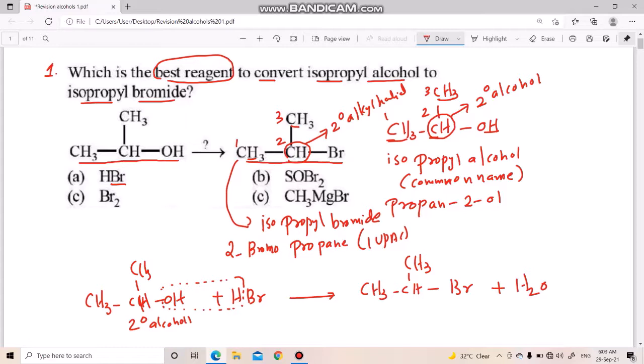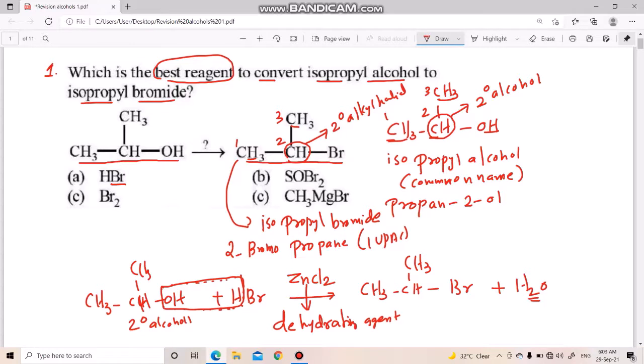But for this reaction, one more reagent is required, zinc chloride. If the alcohol is secondary or primary, for getting alkyl halide one more reagent is required, zinc chloride. Zinc chloride acts as a dehydrating agent, meaning a chemical which helps to remove the water.